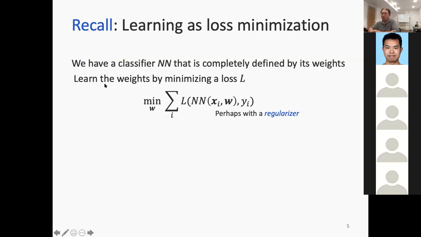To learn the weights from data, we can define a loss function on the training data. We compute the loss of each training example and add them together to get the loss on the training data. Then we minimize this loss function with respect to the neural network weights, perhaps adding some regularizer just like SVM.